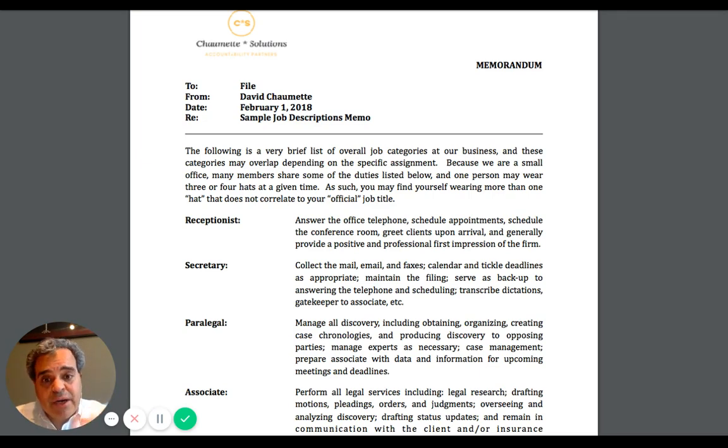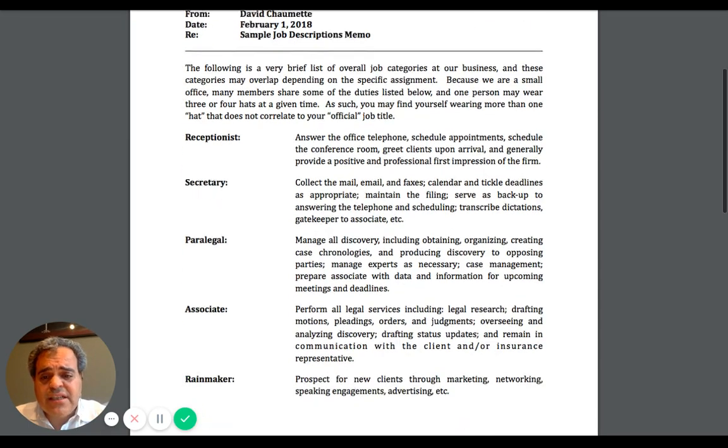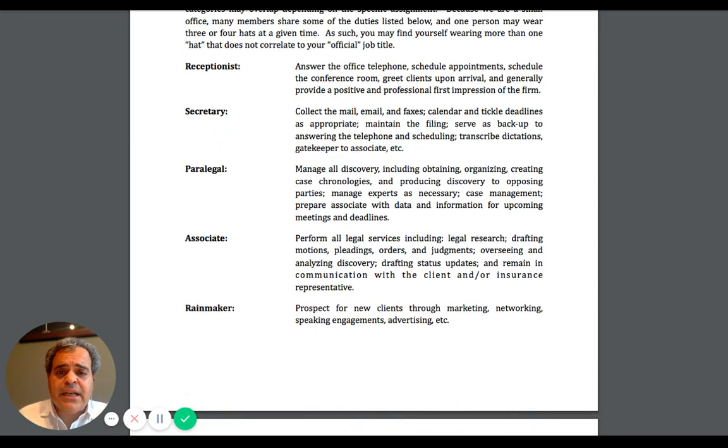So there's a paralegal here and an associate, and these are basically junior-level and mid-level people at your company, and they each have specific projects that they're working on, specific tasks within those projects. If you think of it in those terms, you probably have a similarly functioning role within your organization.